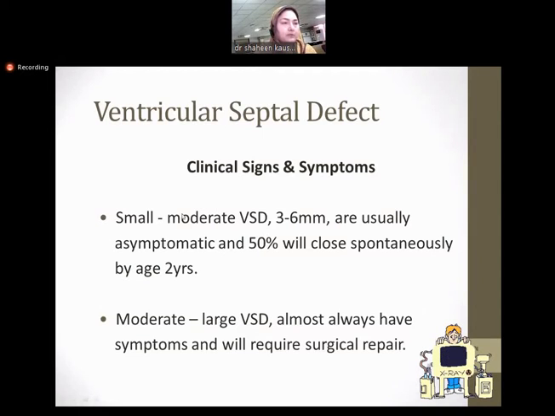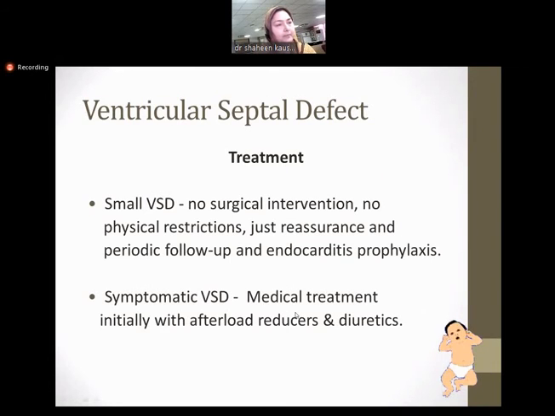Small to moderate ventricular septal defects are usually asymptomatic, and 50% close spontaneously by the age of 2 years. Moderate and large ventricular septal defects are almost always symptomatic, and they may require surgical repair at some point in time. In case of a small ventricular septal defect, no surgical intervention is required.